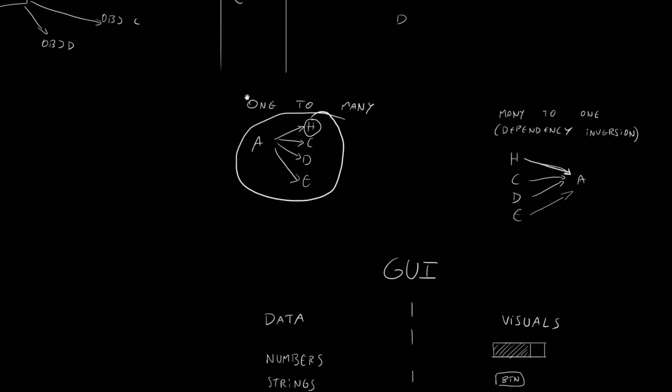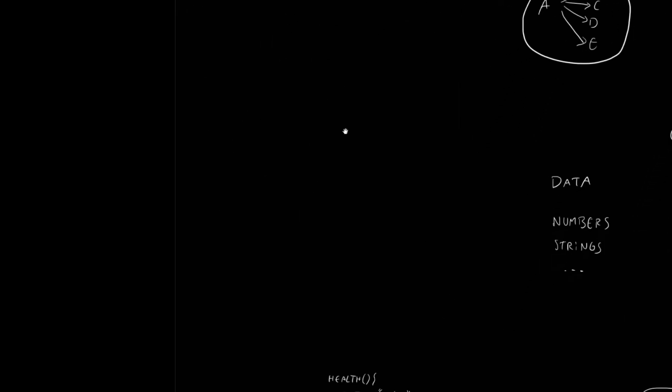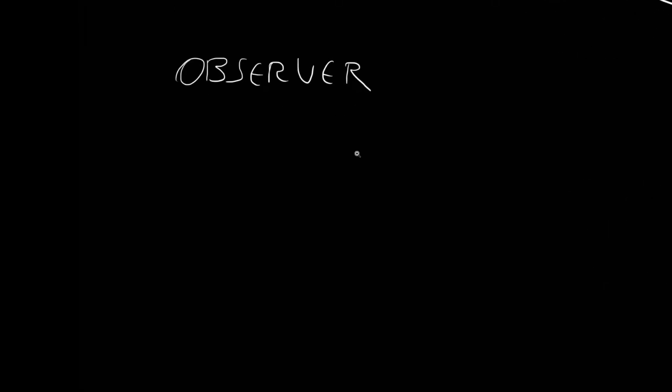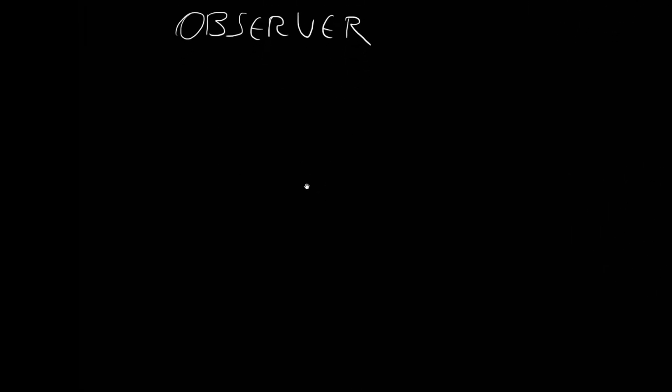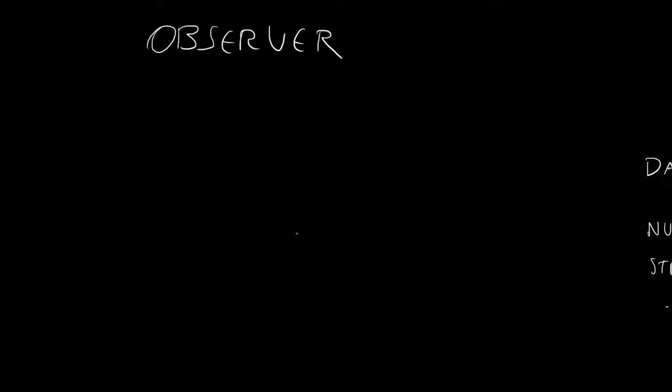Now, this is a broader topic in software design. This is part of something called the observer pattern, and I will just go over this very quickly. The observer pattern is a way of implementing these kinds of notifications. You have an observer, and you have the observed, but often it is called the subject.